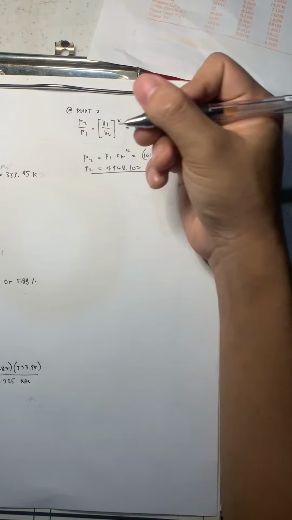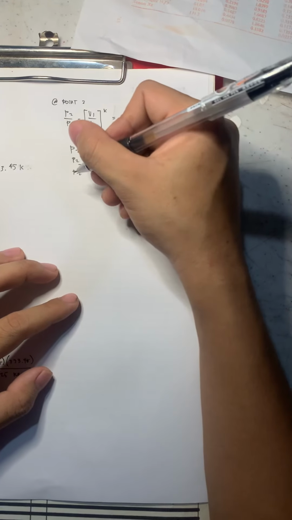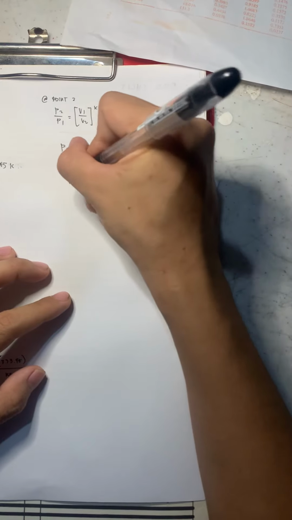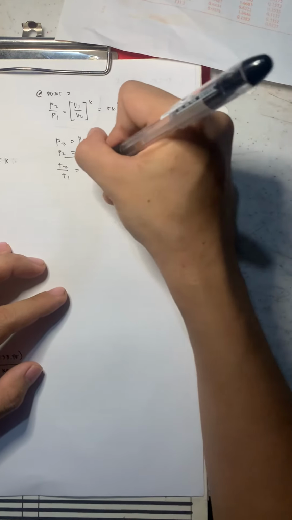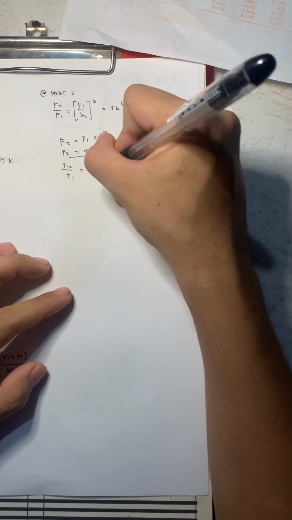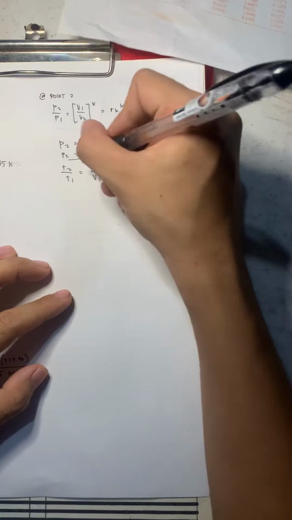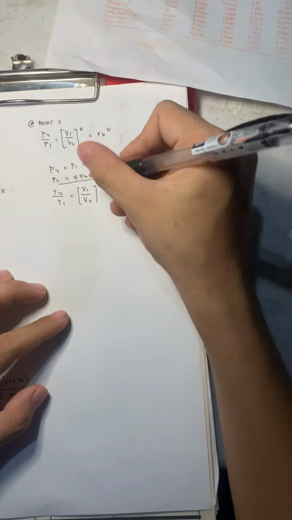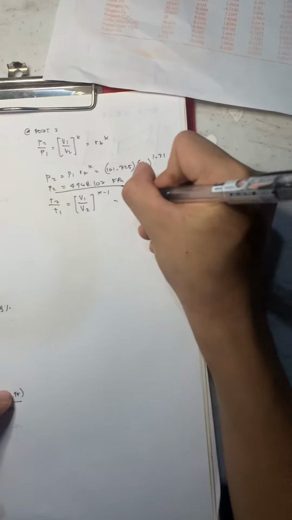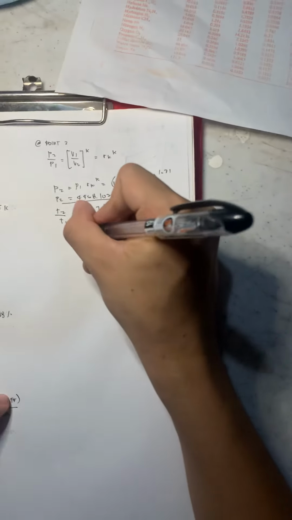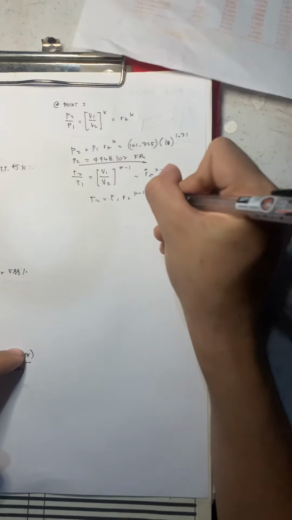Next is T2. T2 over T1 equals V1 over V2 raised to K minus 1. Again, with the compression ratio, T2 equals T1 times r_k raised to K minus 1.